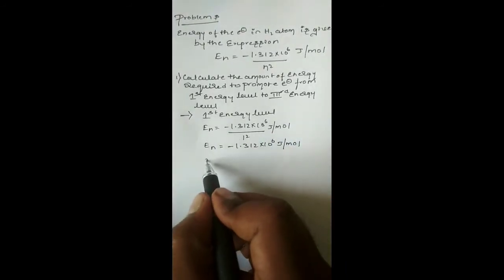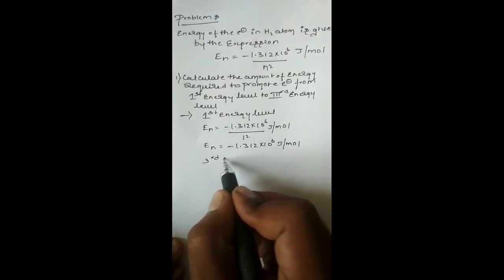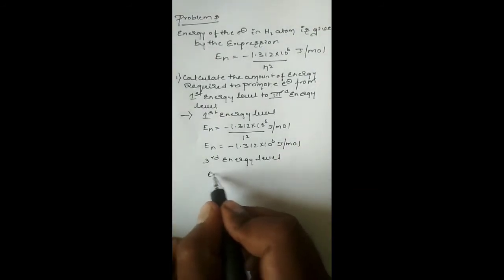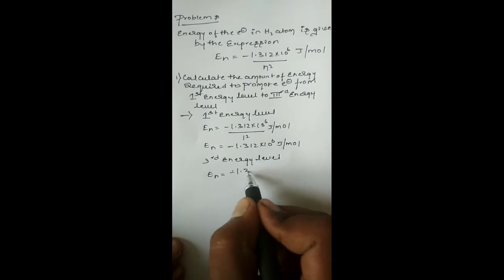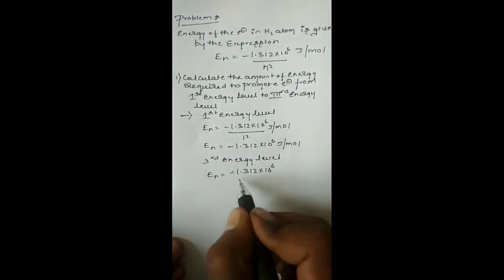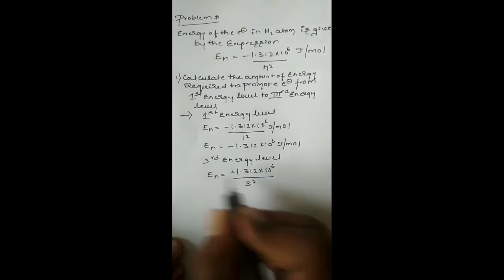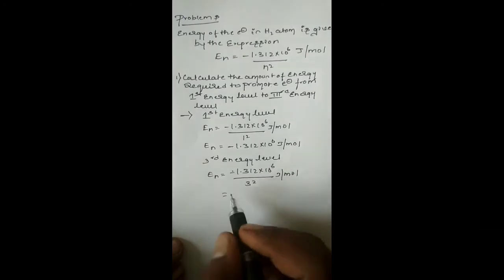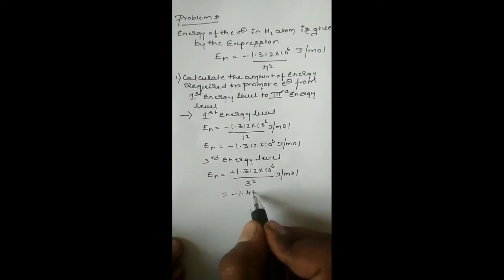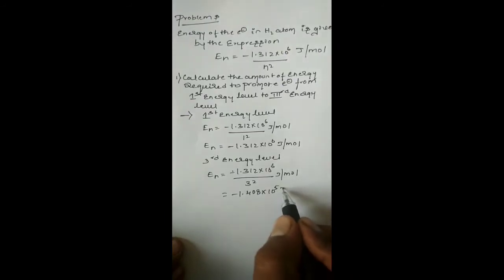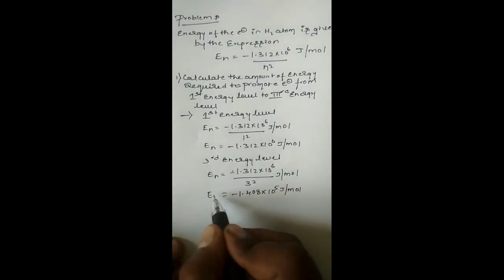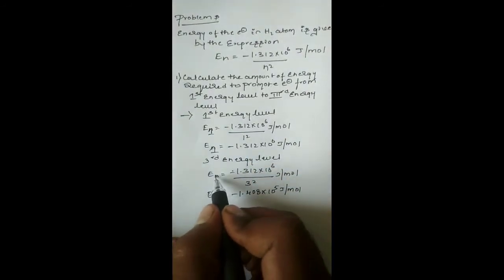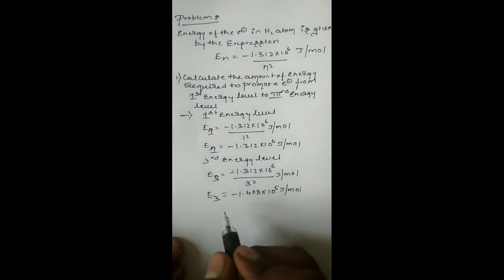Next, the third energy level: En equals minus 1.312 into 10 to the power of 6 divided by 3 square, joules per mole. If we calculate, we get minus 1.408 into 10 to the power of 5 joules per mole. We can write this as E1 and this as E3.